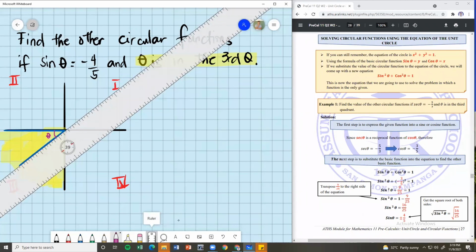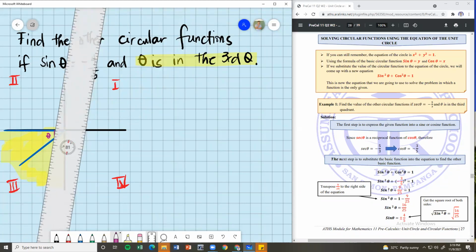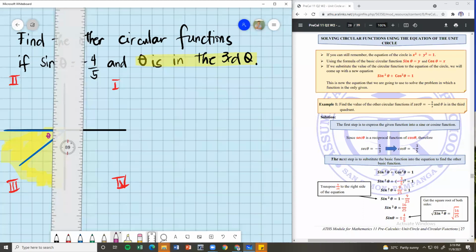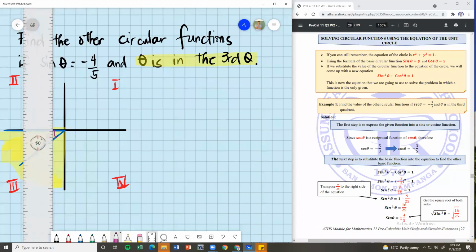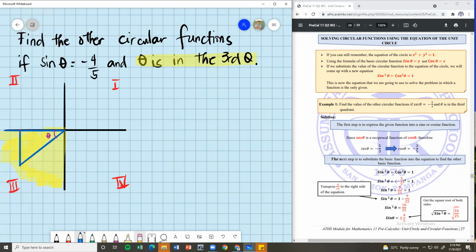Let's use ruler. You may follow with me as I do the solution and you draw as well in your notebook or paper para nakaka-follow kayo. There you go. So, there it is. You can now imagine your triangle.